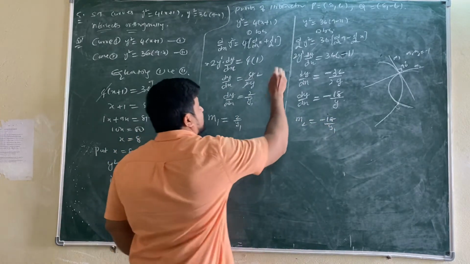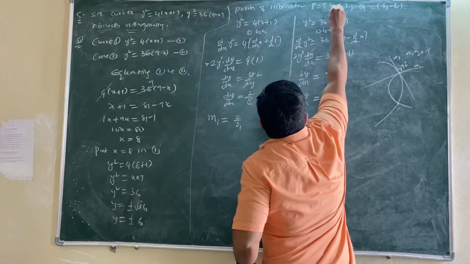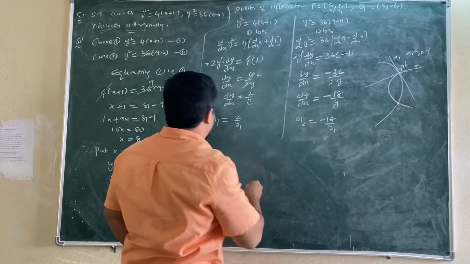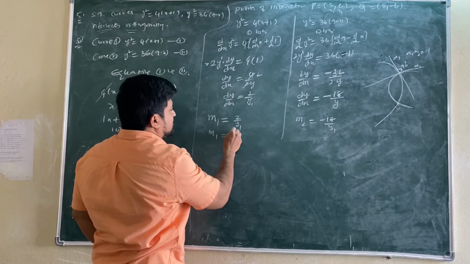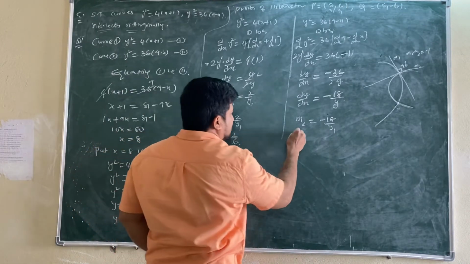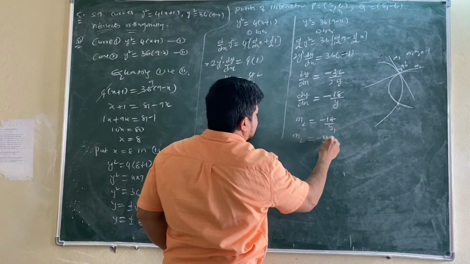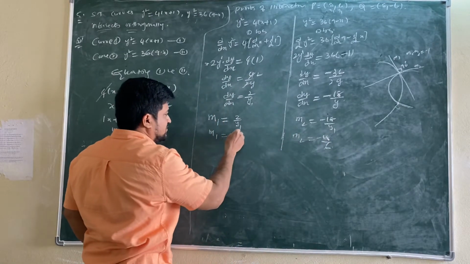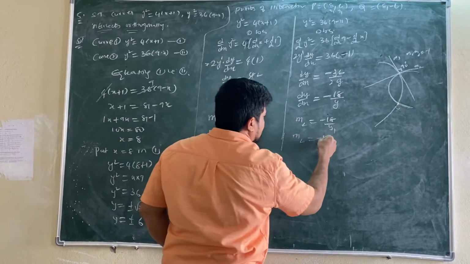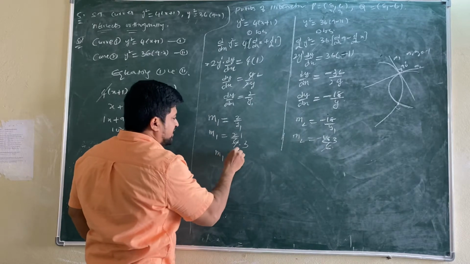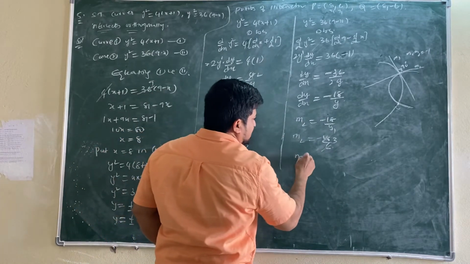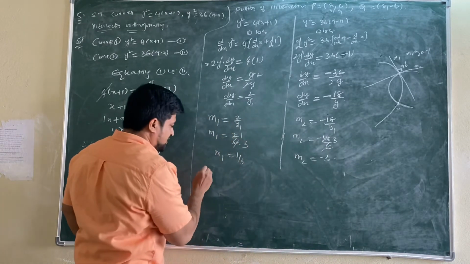What are x1 and y1 here? m1 is 2 by 6. Here m2 equals minus 18 by 6. m1 is 1 by 3, m2 is minus 3.